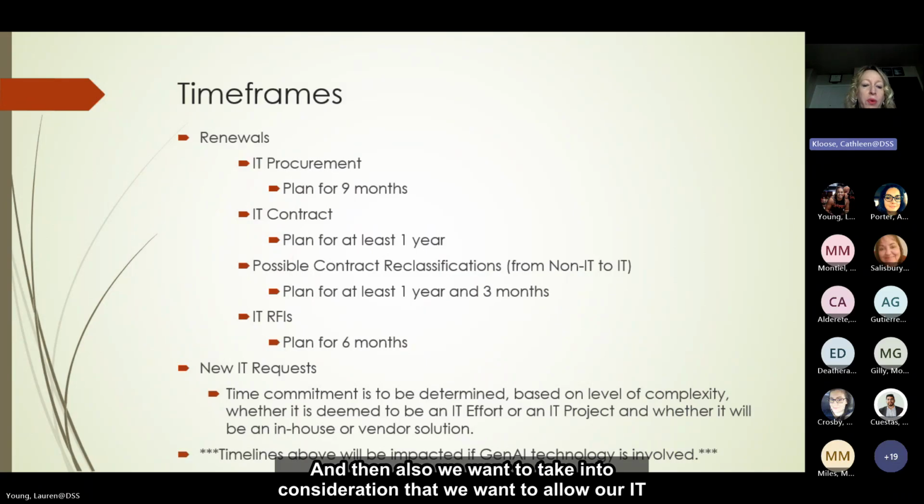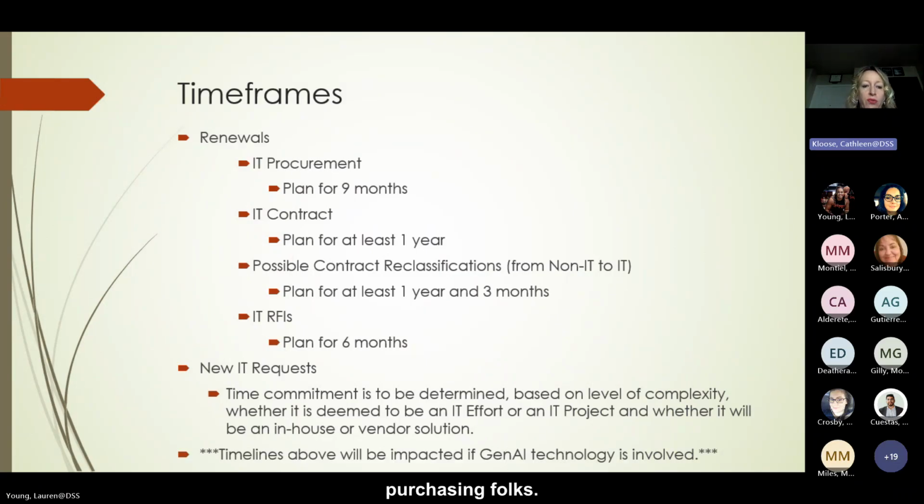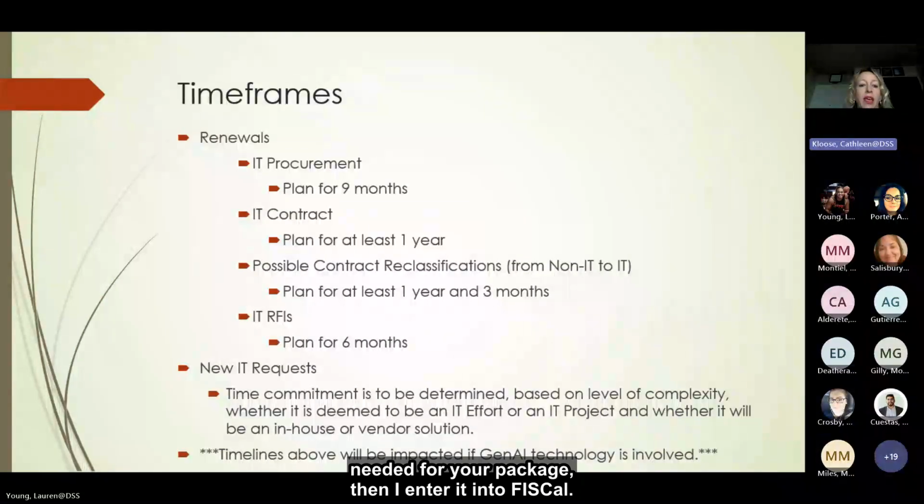And then we also want to take into consideration that we want to allow our IT purchasing folks, I try to give them 3 months, for having our package in the queue. Once I have all the approvals that are needed for your package, I enter it into FisCal.